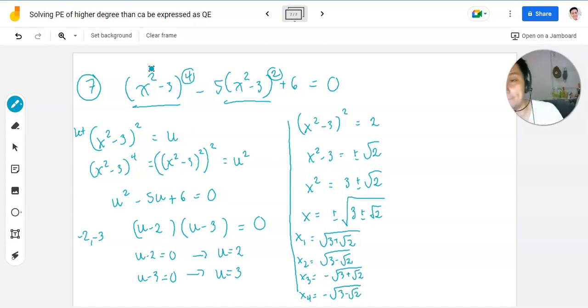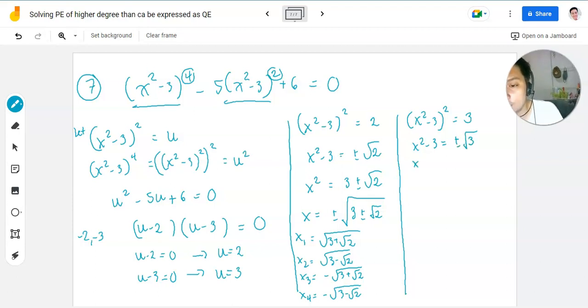Tapos yung pangalawang obtained value ng u is 3. So, x squared minus 3 quantity squared equals 3. So, again, we apply lang yung square root property. So, we have x squared minus 3 equals positive or negative square root of 3.